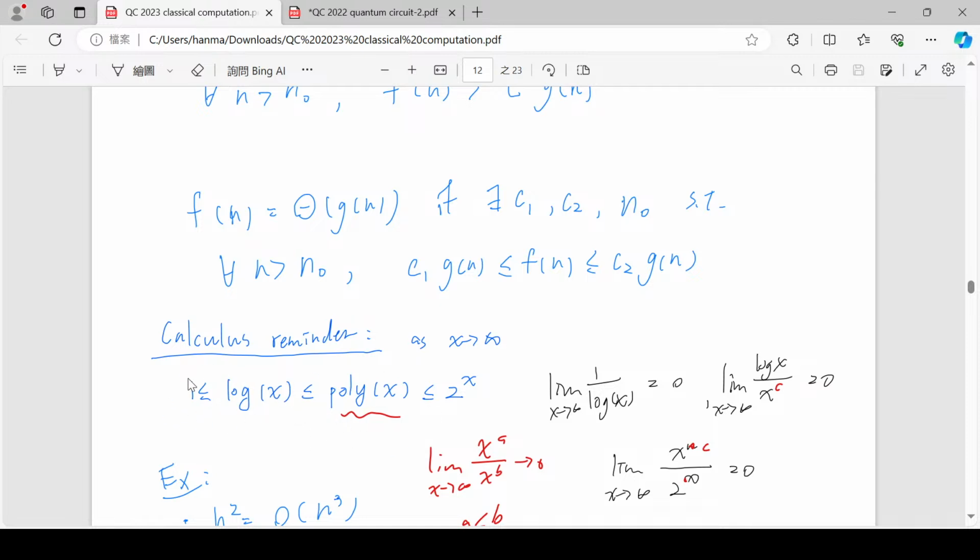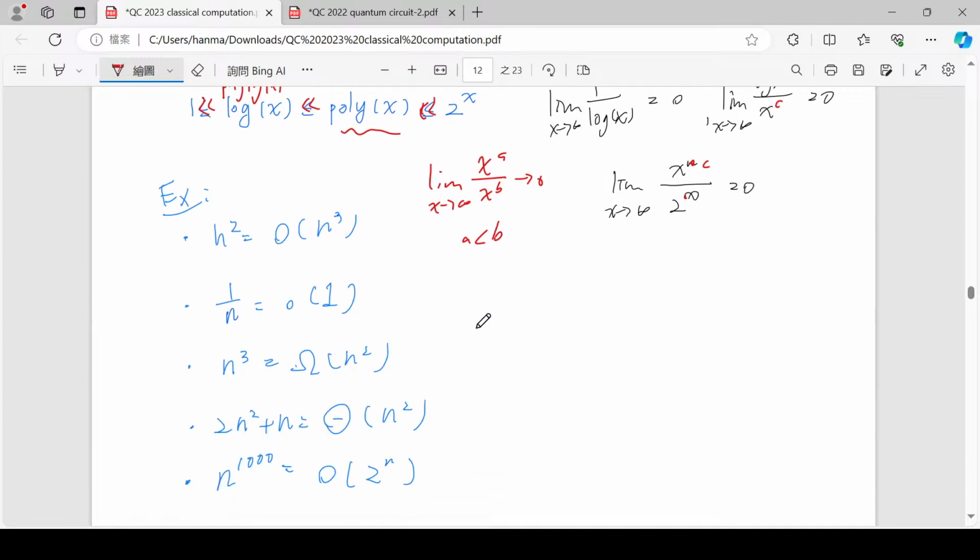A constant is much less than log of x, which is much less than any polynomial of x, which is much less than the exponential of x.